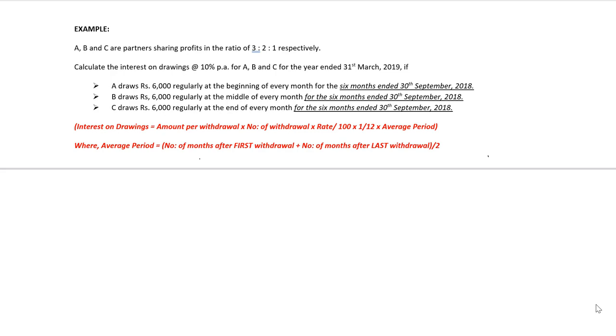Example: A, B and C are partners sharing profits in the ratio of 3:2:1 respectively.